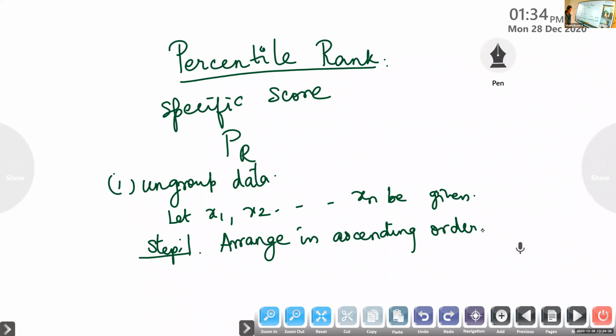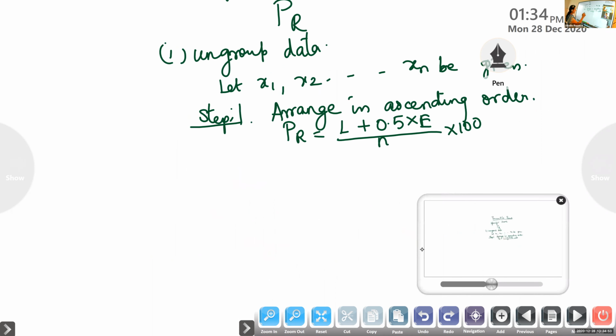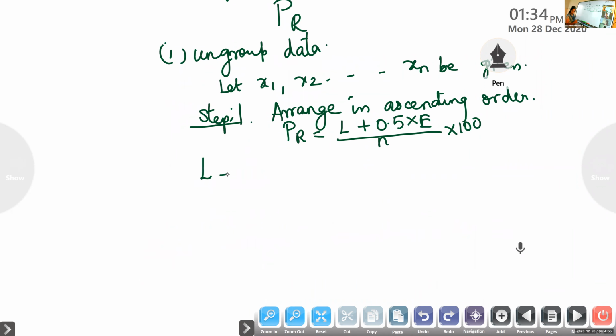Once you arrange in ascending order, the formula is PR, the percentile rank, equals (L plus 0.5 E) by N into 100. What is L? L is the number of scores less than Xi.